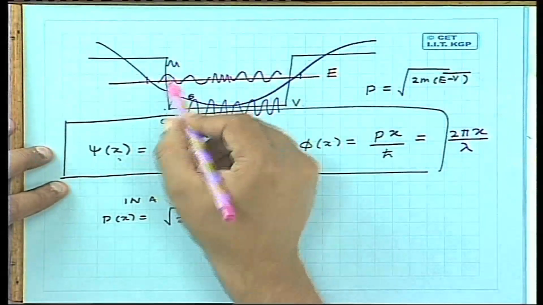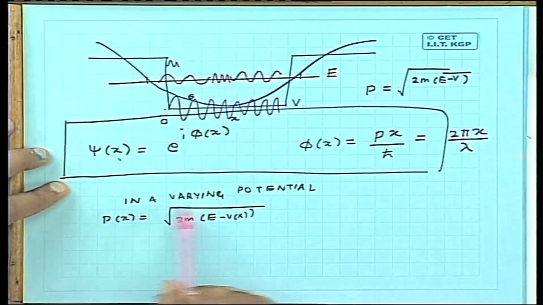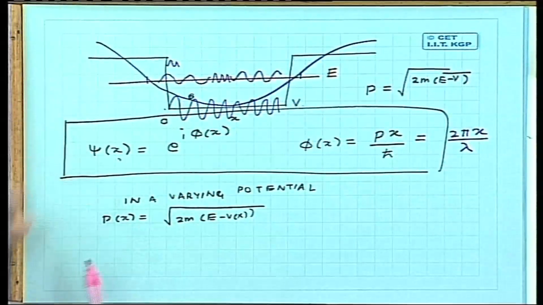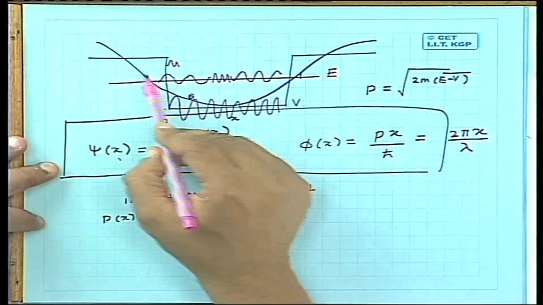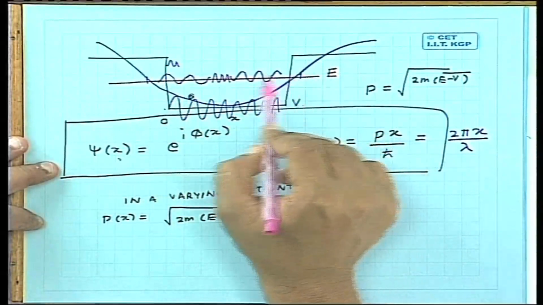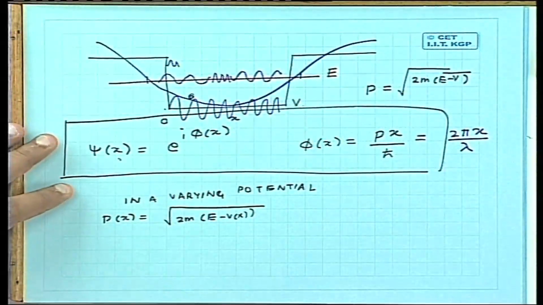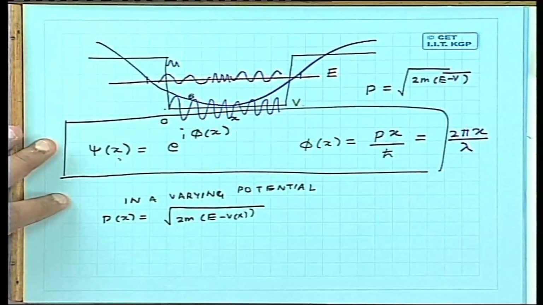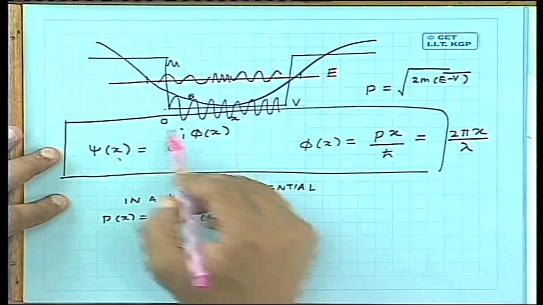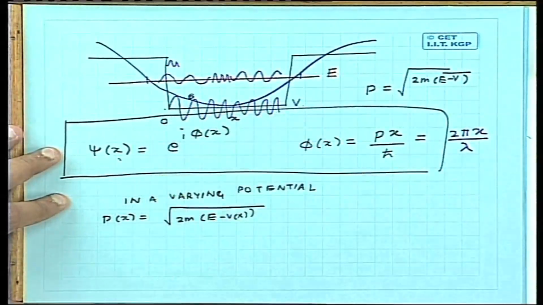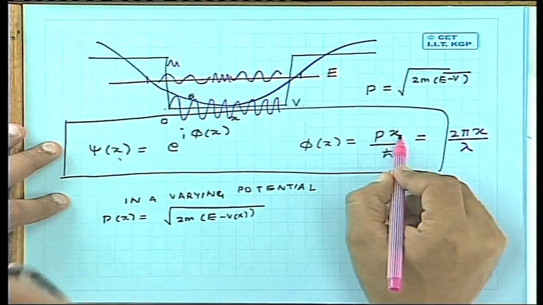Okay, so you have a wave. If you want to think of the corresponding wave for this situation where the momentum is changing with position, then the wavelength also changes as the momentum changes in the classical interpretation. Okay, and we want to calculate the phase. So in the situation where the potential was a constant, the phase was px.